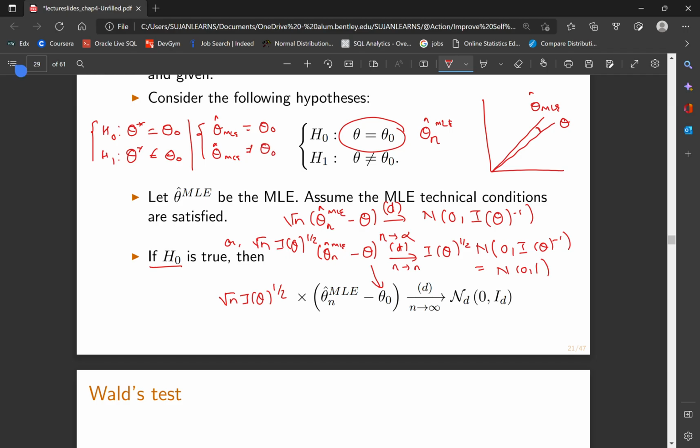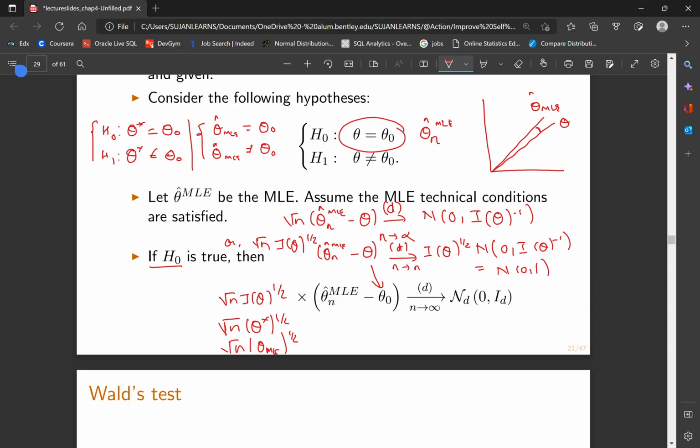There are different versions of this, and that's what we have here. If that happens, then we will just simply change theta to theta star, and theta n becomes theta MLE, and that's what we have.